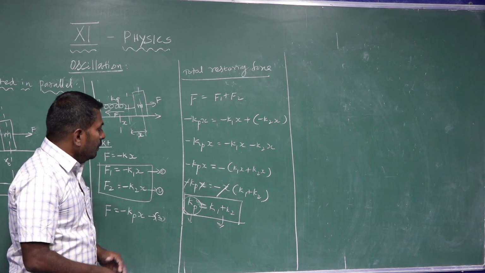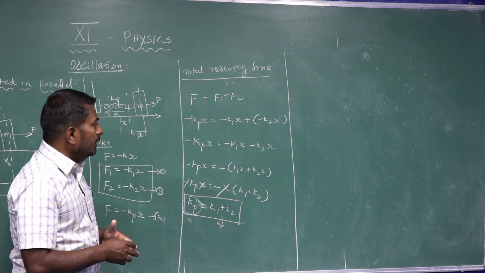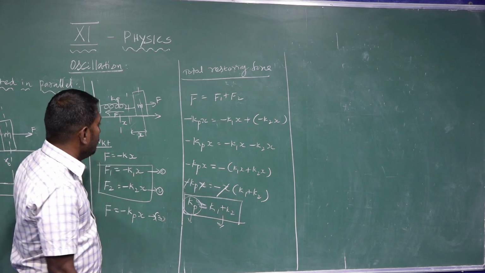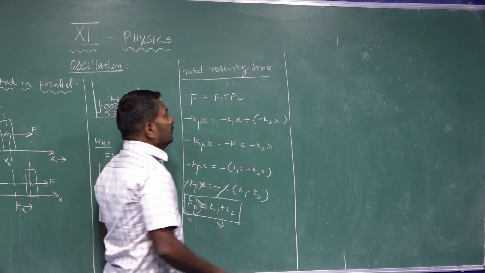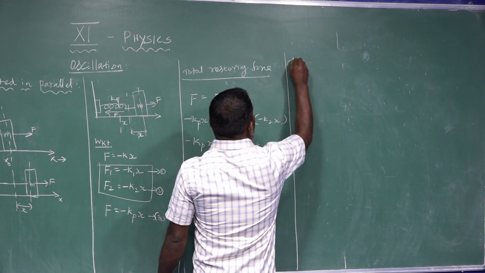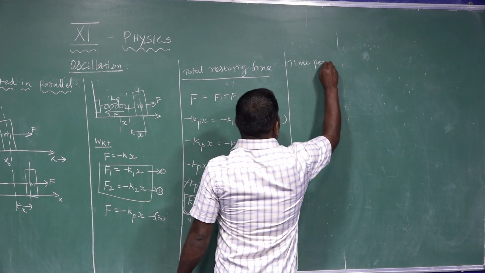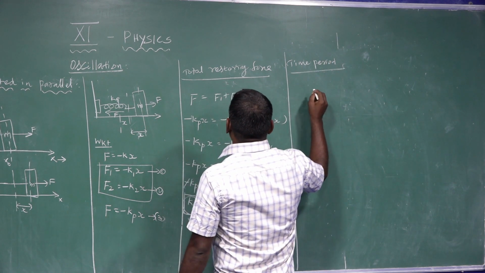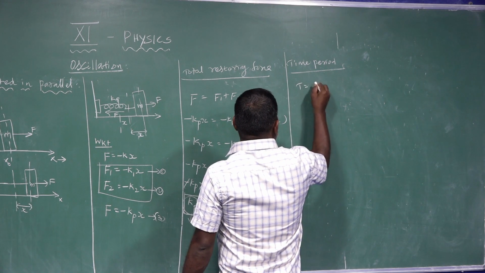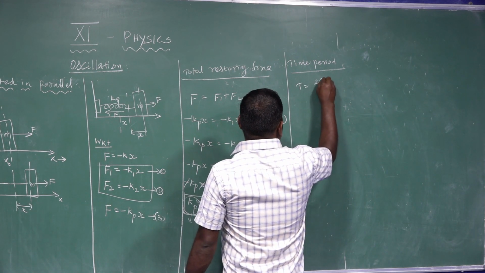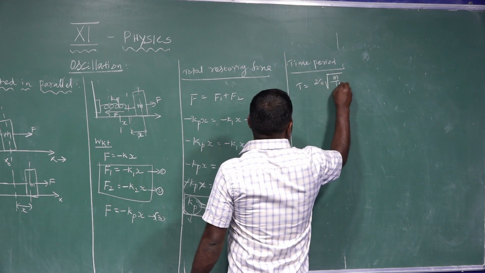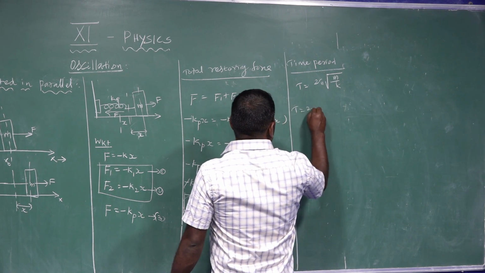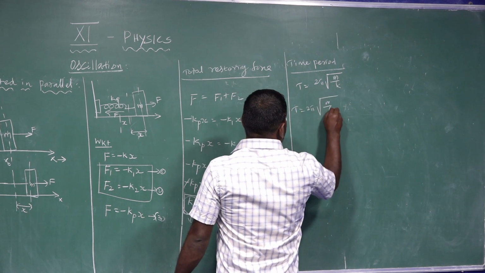Now, we are going to see the time period of oscillation if both springs are connected in parallel. The common equation is T equals 2 pi square root of m divided by k. Here T is equal to 2 pi square root of m divided by Kp.